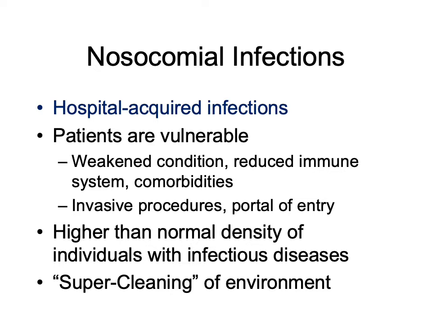They may be going in for a leg wound, but they also have heart disease or diabetes, and that may also complicate things. They may be going in for invasive procedures. These invasive procedures will be a portal of entry for microbes. There are many things that can influence how someone acquires a nosocomial infection.